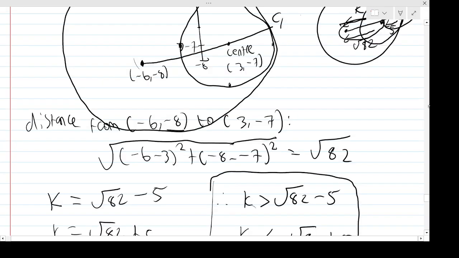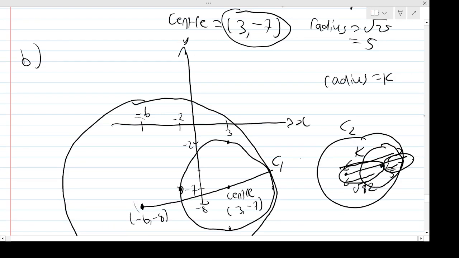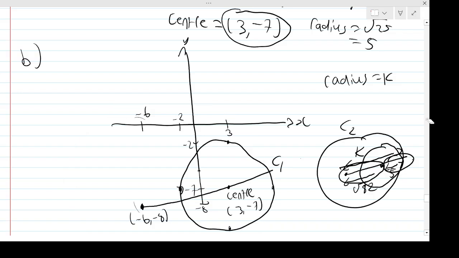But again, hopefully the idea that I'm trying to get across here is you consider the radius, you consider changing the radius and then expanding the circle to see what happens to the situation, okay? And see what you're interested in. What radius are you interested in to solve the problem? So we're interested in when we expanded C2, again, let me get rid of this now.